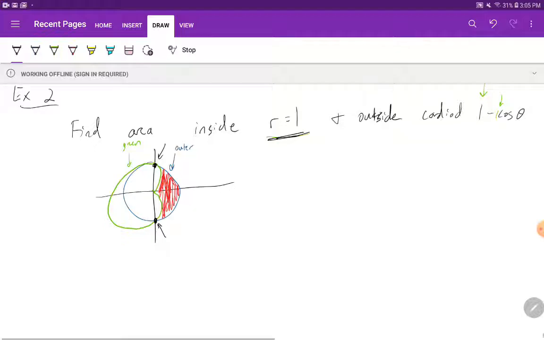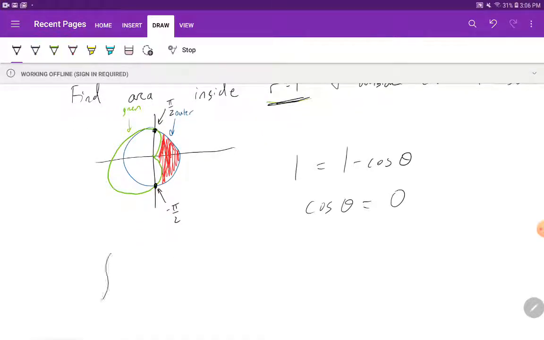Or you can set the two functions equal to each other like we did in the last example. You get cosine theta is equal to 0. And when is cosine 0? At odd multiples of pi over 2, so that fits negative pi over 2 to pi over 2.